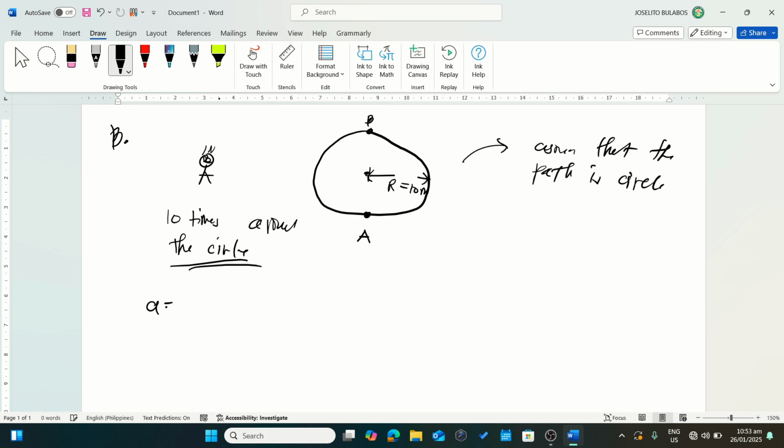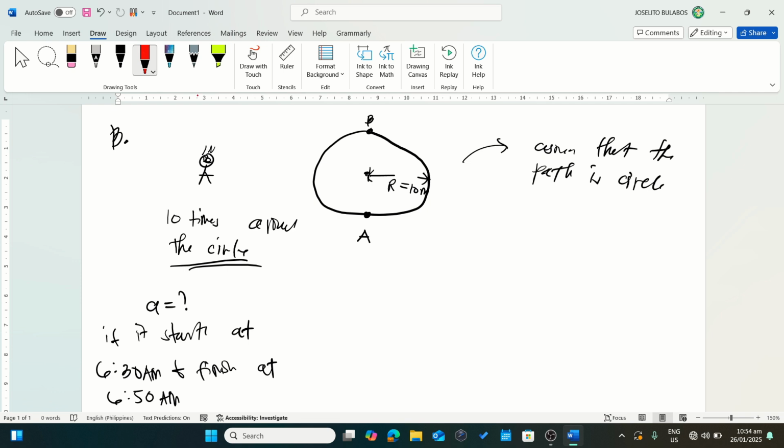And we want to know how much is the acceleration of the boy if it starts at 6:30 a.m. and finishes at 6:50 a.m. That's all.